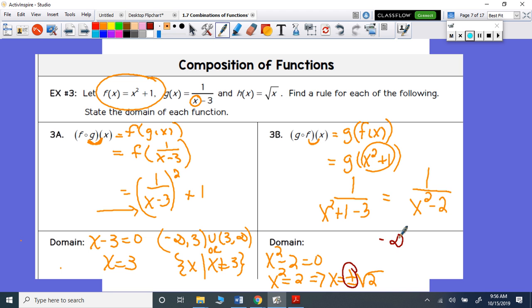So that domain is negative infinity to the negative root of 2. It's everybody but those two roots. Everybody in between them, and then everybody to the right. Yeah. But the key is whoever is close to your x is who gets sucked in, and then that's just who you replace. Okay.